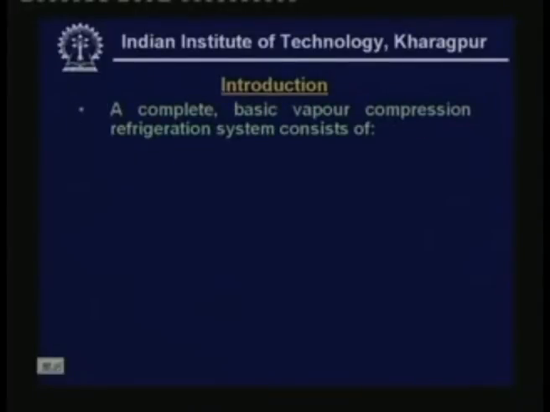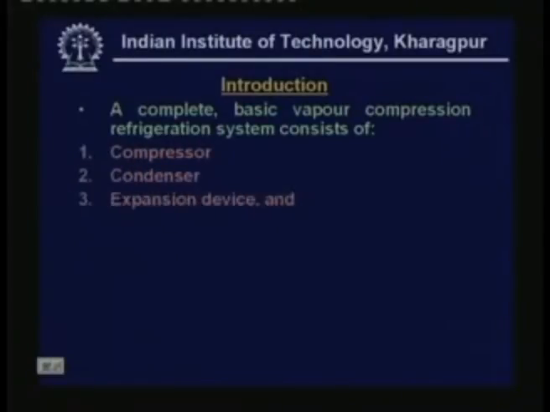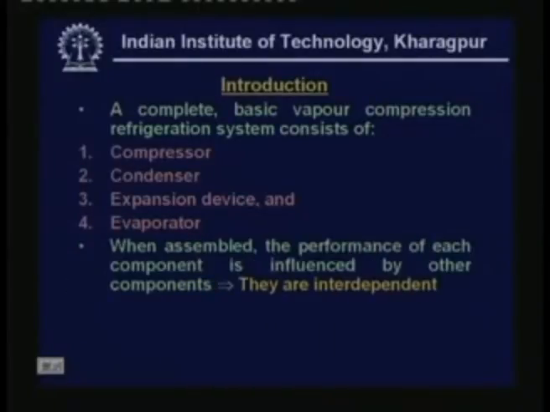A complete basic vapor compression refrigeration system consists of, as you know, a compressor, a condenser, expansion device, and the evaporator. When assembled, the performance of each component is influenced by other components. That means they are interdependent when they are assembled in a system.